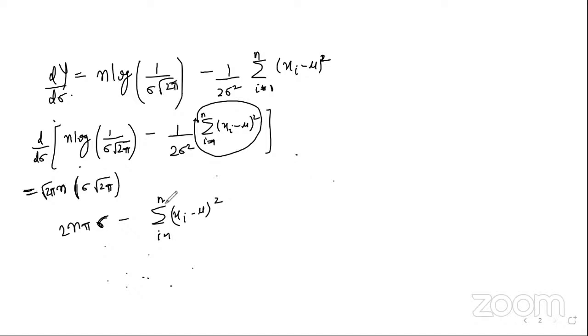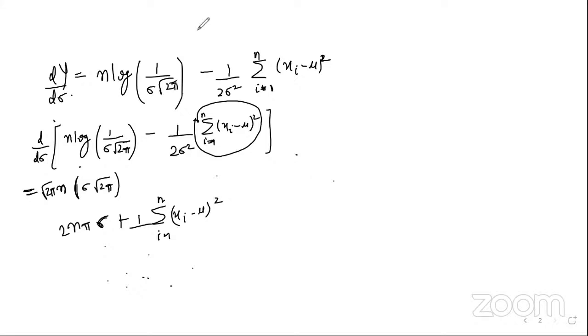And 1 upon sigma square, the derivative is going to be minus 2 sigma to the power minus 3, right?